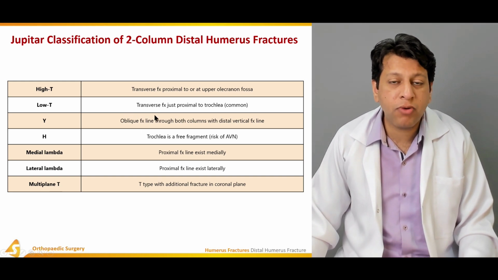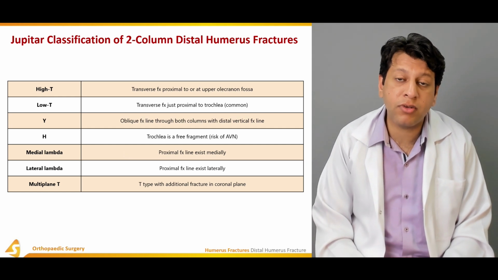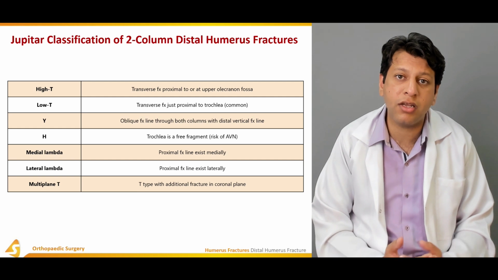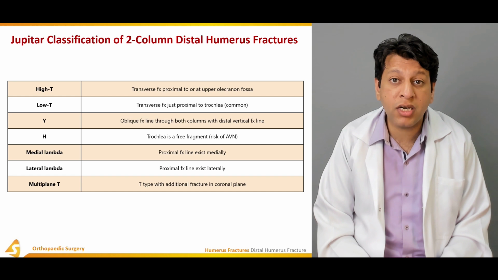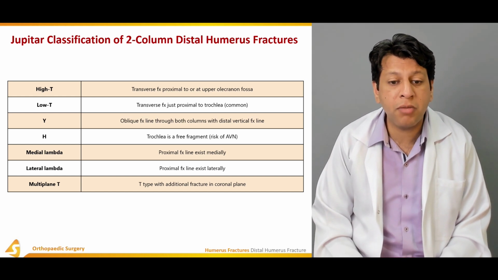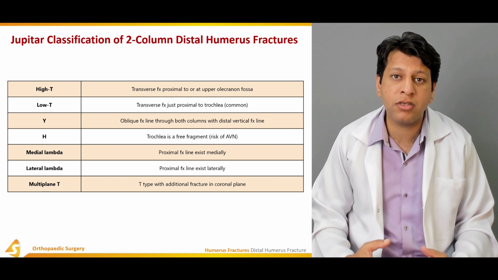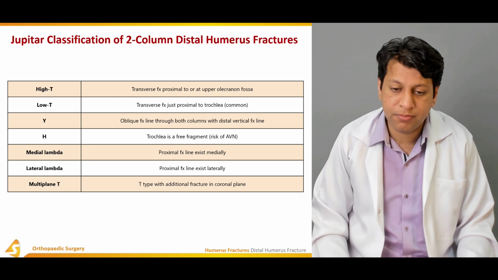There will be Y-type fracture, H-type fracture. Medial lambda is a lambda-type configuration with a line exiting out of the medial condyle. Lateral lambda is a lambda-type configuration of fracture with a line exiting out of the lateral condyle. Or multiplane T-type means there is a fracture in the anterior-posterior as well as medial-lateral plane.